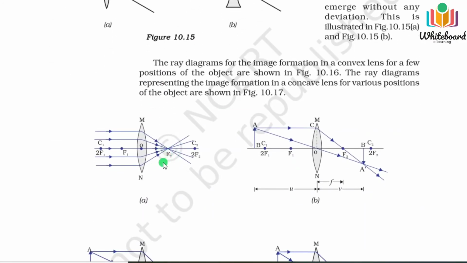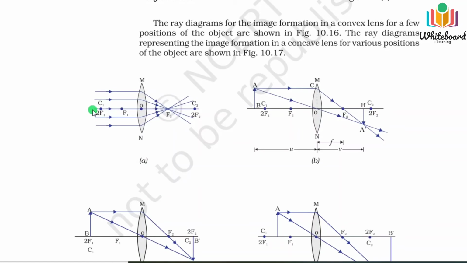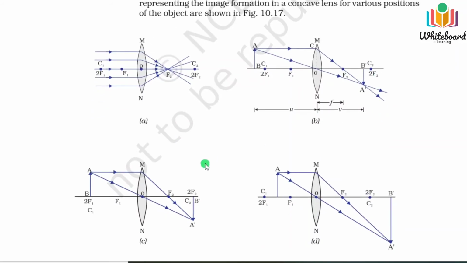And here, for all the cases: if the object is placed at infinity, the image will be formed at f2. If the object is beyond 2f1, the image is formed between f2 and 2f2. You know this formula. If the object is at 2f1, the image will be at 2f2, that means at a similar distance from the convex lens.